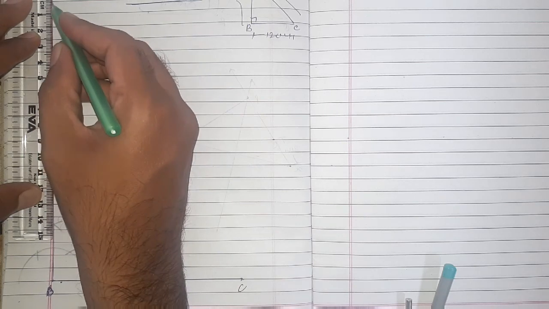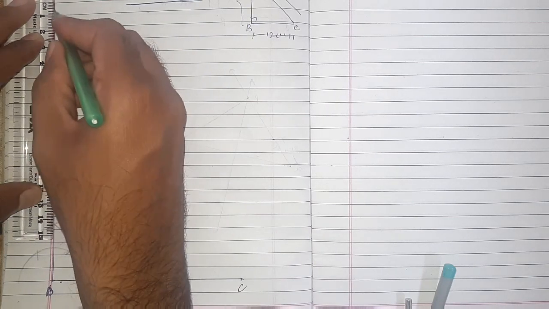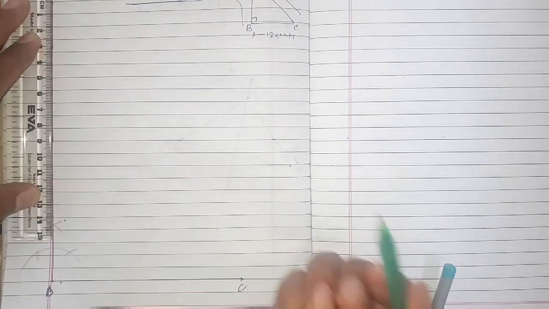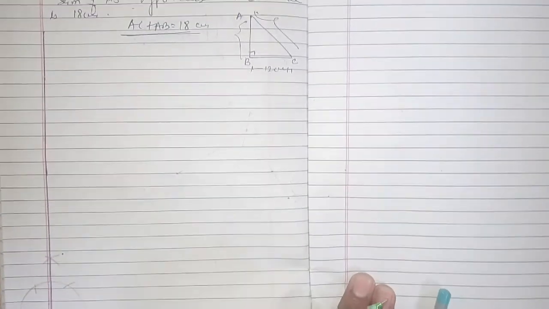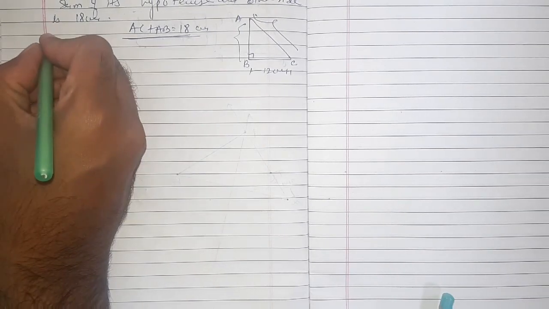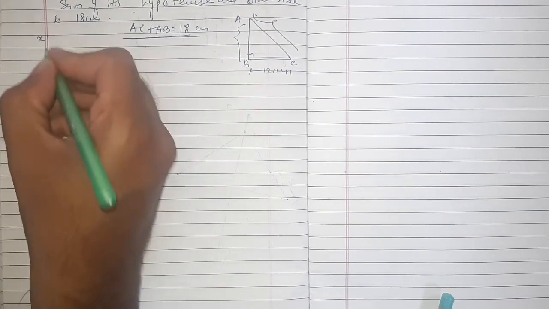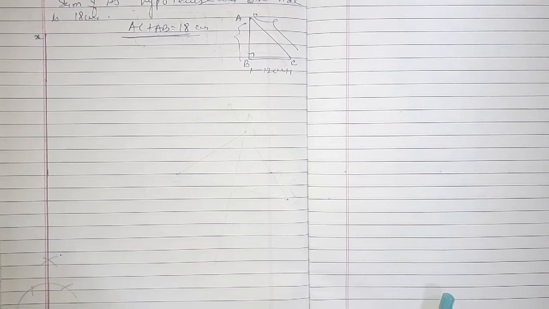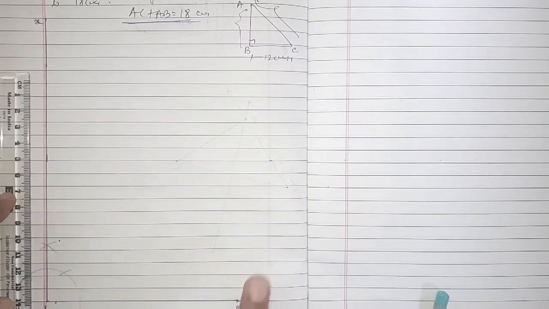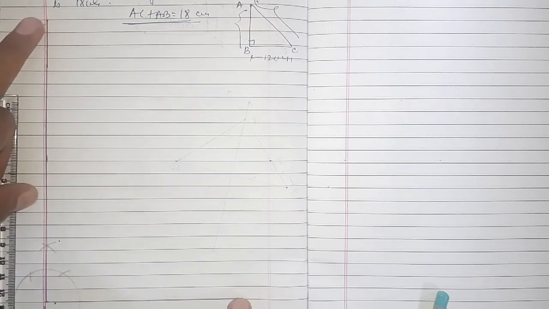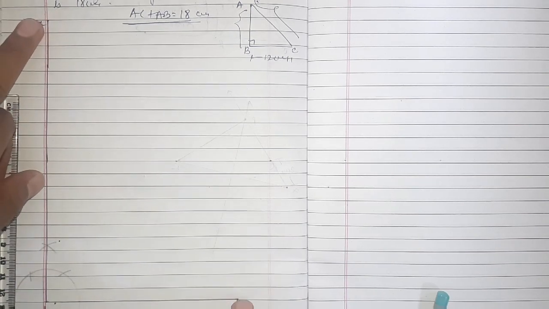So this is your 18 centimeter line constructed. Now I'll give this point as a point X. Now join the X with the point C.